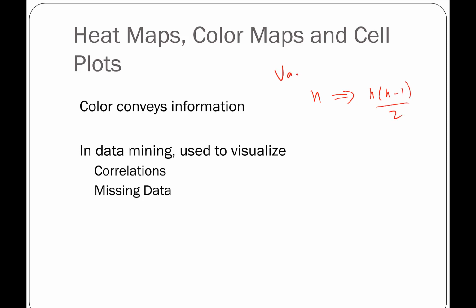So this is on the order of n squared, and that's hard to look at a bunch of numbers. Correlations are always between -1 and 1, so you might look at them and say, well, they all kind of look the same.